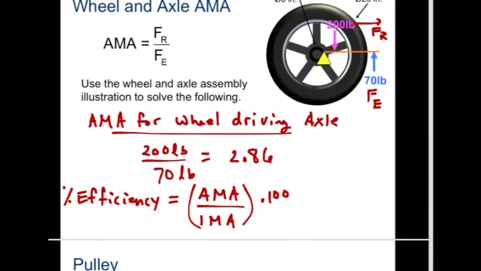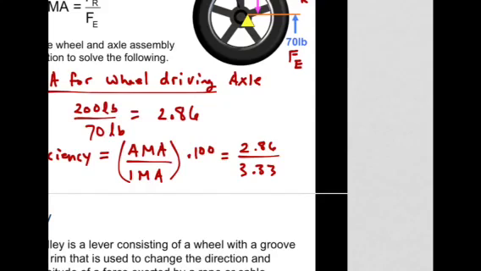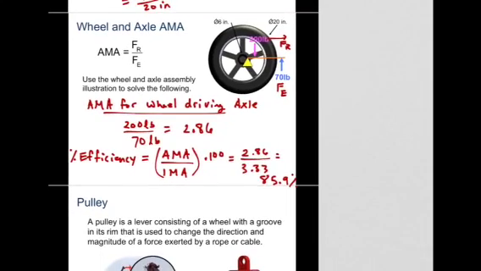Our actual mechanical advantage was 2.86, from measured forces. Our ideal mechanical advantage, I think, was 3.33. If we divide those, is that right? Yes. We get 85.9% efficiency. It's never going to be 100% efficient.